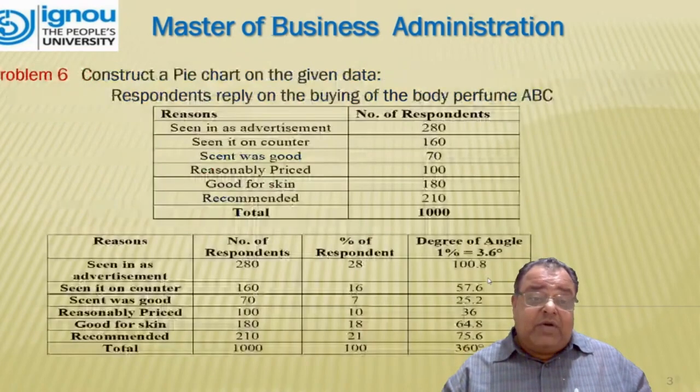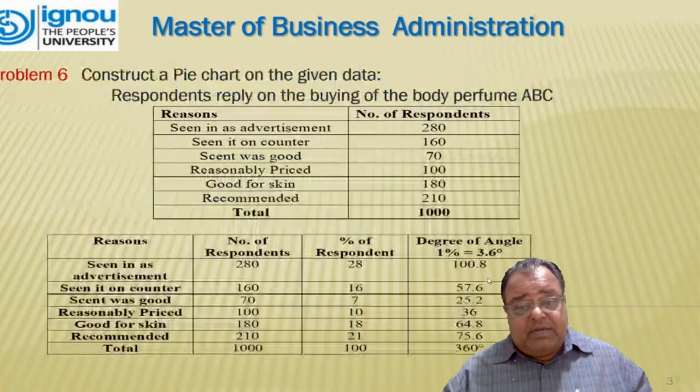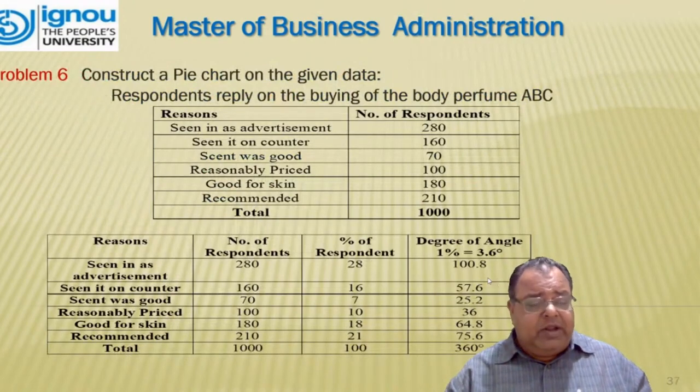Now, we have to construct a pie chart for the data given to us. This is in response to the respondents' replies on the buying of a body perfume.